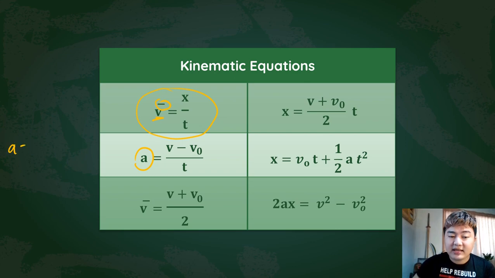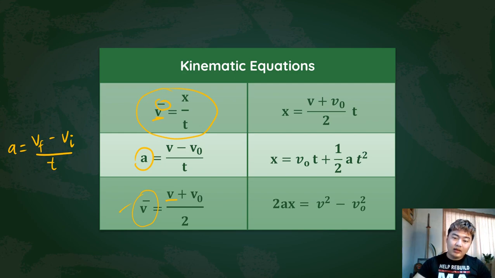In other references, you might see this as vf minus vi over t. And then you have the third equation, average velocity: average velocity is equal to final velocity plus initial velocity over 2. And the next, position is equal to final velocity plus initial velocity divided by 2, times time.